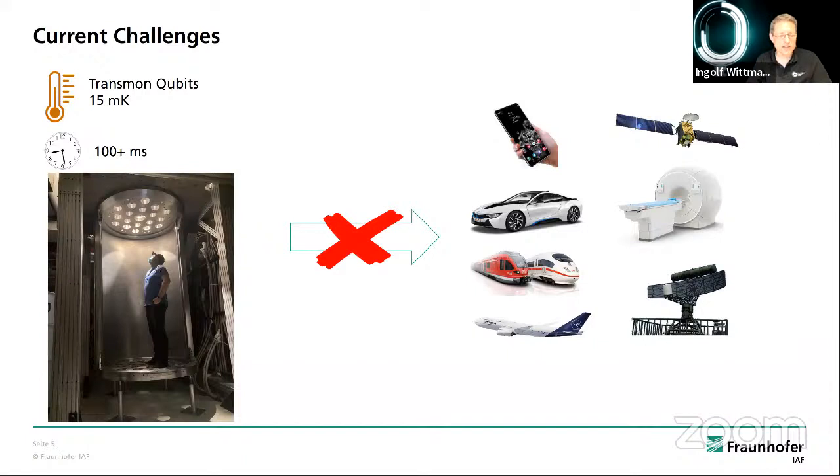That's quite challenging, because the temperature environment is affected by that.